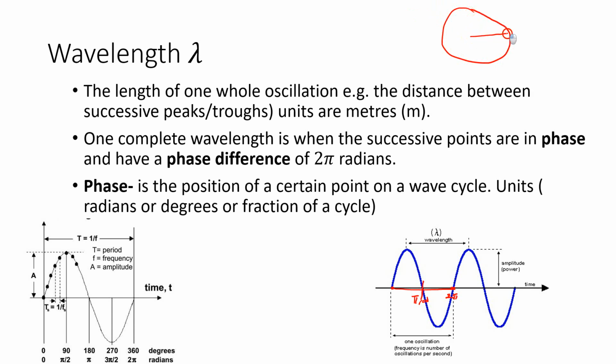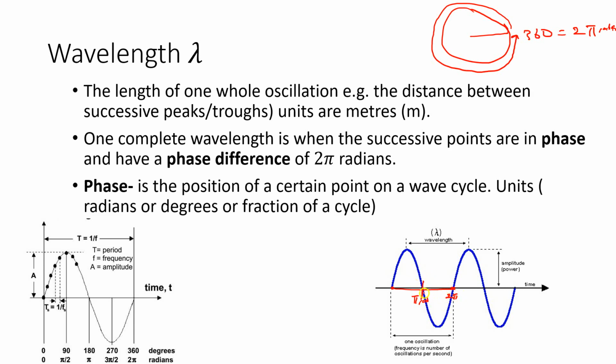Whenever we complete the circle, that makes 360 degrees, which is equivalent to 2 pi radians. Oscillations in waves are almost like completing an entire circle revolution. You understand? Going around the circle one time. That is the reason why we say that one wavelength has a phase difference of 2 pi radians.